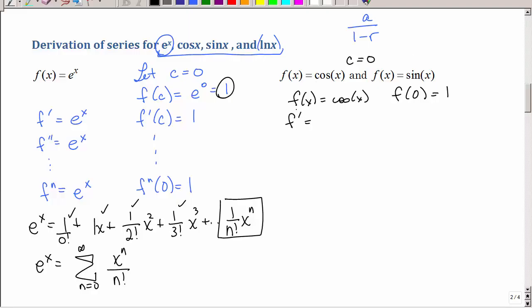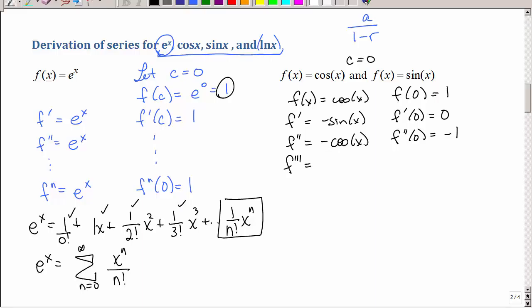So the first derivative is negative sine of x, and my first derivative evaluated at 0 is 0. Okay, the derivative of sine is cosine, but I'd have to keep the negative, and so that would be negative 1.